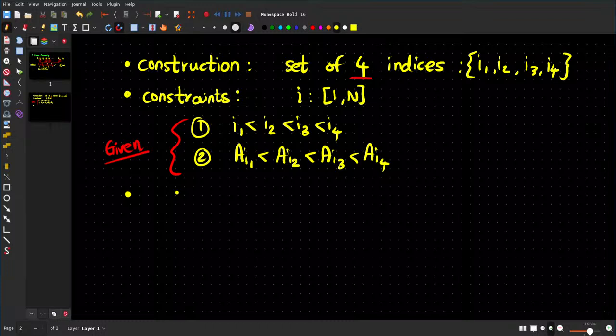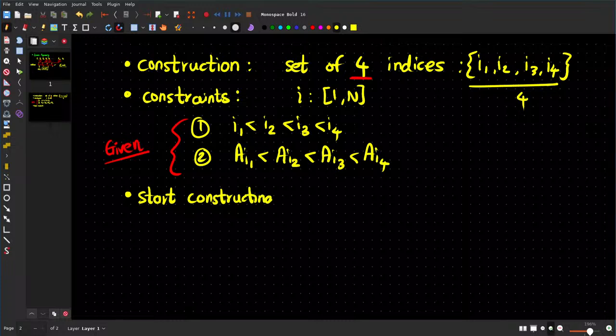Whenever you have a large set of values that you need to construct, in this case 4, you need to start somewhere. You give all these possibilities to a particular index, I1, I2 or I3, anything. So the next step is to start constructing.